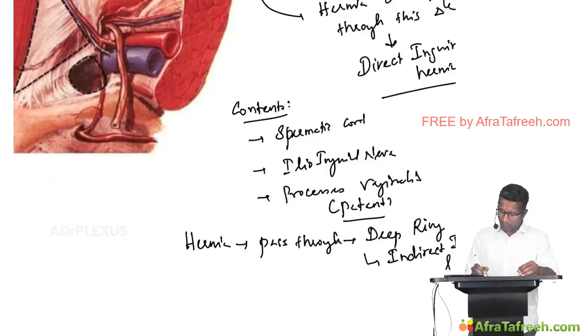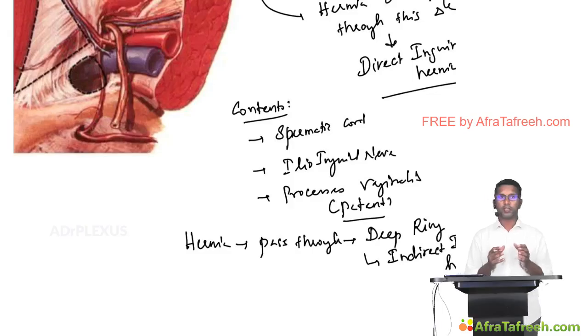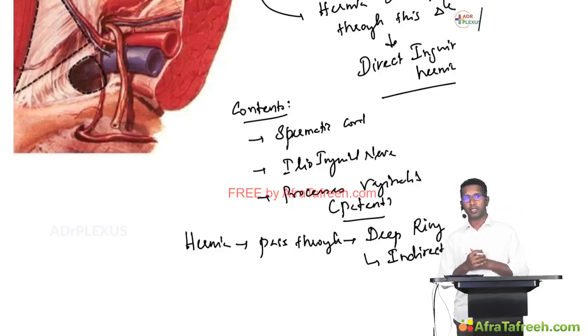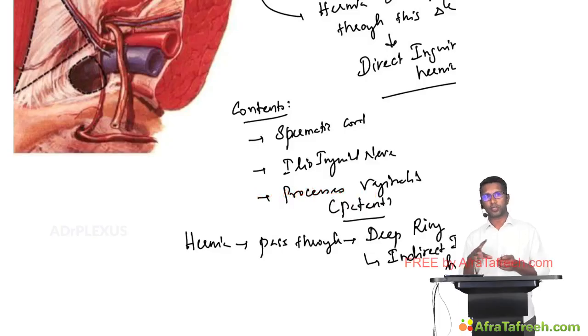So the inguinal region, as we are discussing, is an area of potential weakness. What happens is contents of the abdomen can come out, and when they come out, we call that a hernia.